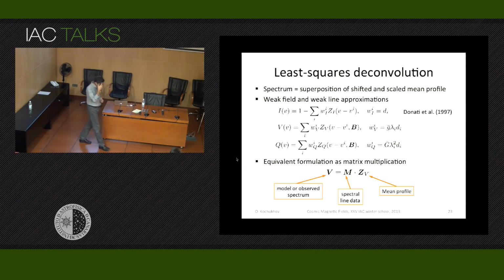Until very recently, it was extremely difficult or even impossible to say anything about magnetic fields of stars similar to the Sun. And a real breakthrough was the invention of this least squares deconvolution method, which was first suggested in this article in the end of the 90s. So basically, this is the idea how to take advantage of the typical stellar observations, namely that in stellar spectropolarimetry, we usually are not really concerned about spatially resolving objects.